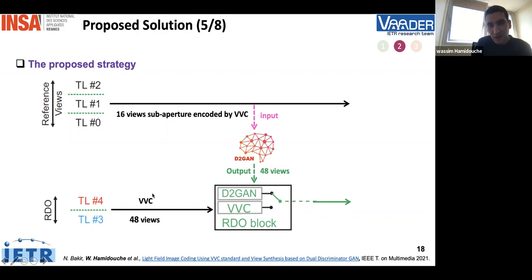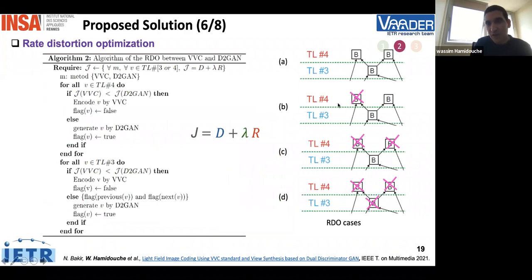So if the view is better encoded with VVC, we will send the bit stream. If it is better to synthesize it, we will send nothing to the decoder, and the view will be synthesized at the decoder. And this will not impact the decoding of the other views because we use this hierarchical coding configuration. I give an illustration here.